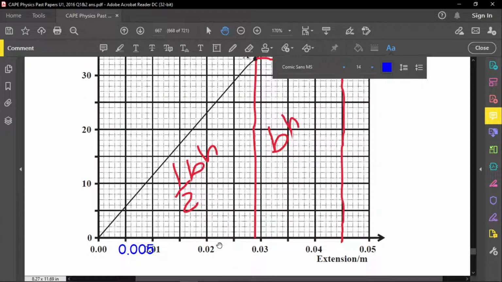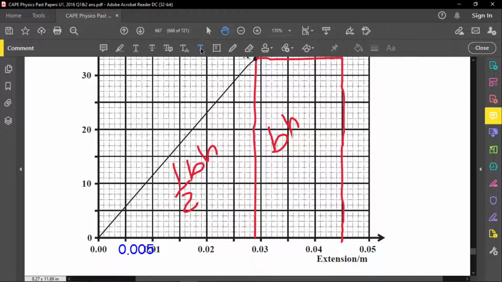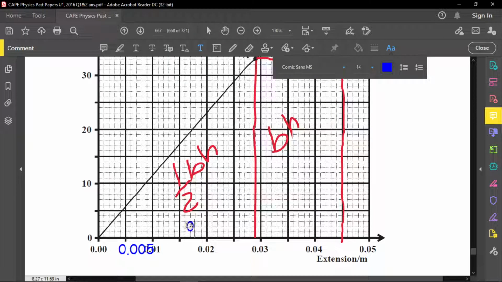So let's go to half base times height right here. The base is from 0 all the way to 29, because this is 0.03. So the base here will be 0.029.